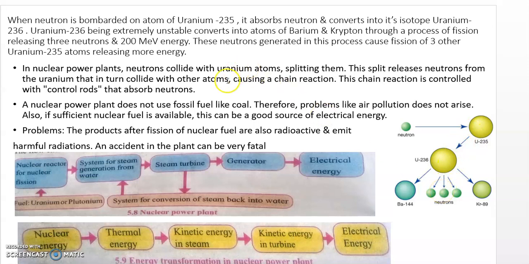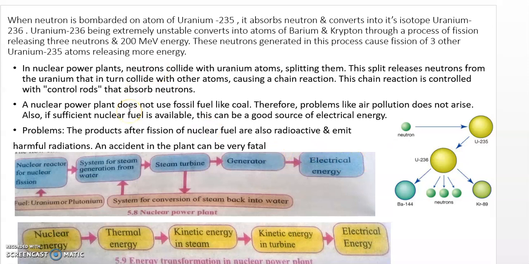In short, neutrons collide with the uranium atoms, splitting them, and this split releases neutrons from the uranium, which in turn collide with other atoms, causing a chain reaction. And where is this chain reaction controlled? It is controlled with the control rods that absorb the neutrons. You can refer to the diagram given on page number 51, 5.11.